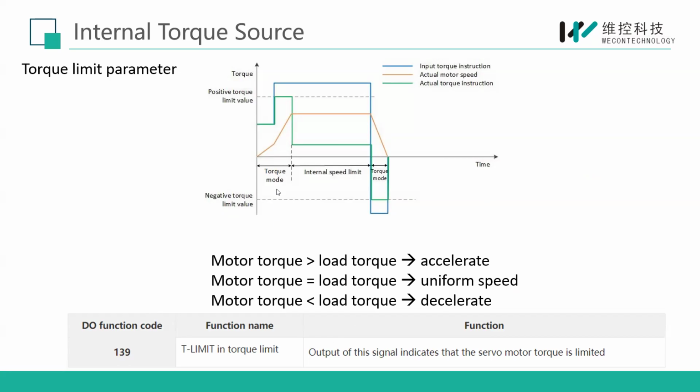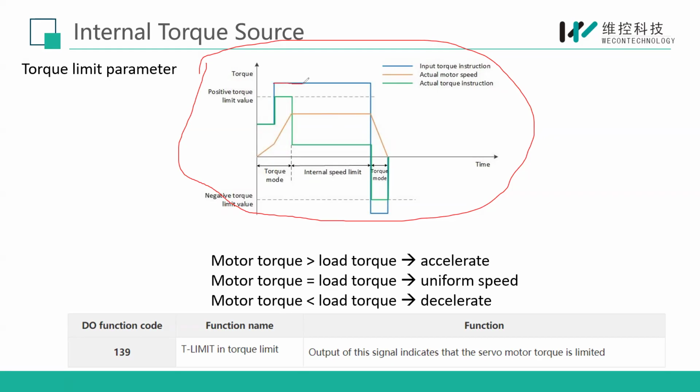Okay. And now we can check this curve. The blue one is the input torque, the yellow one is the real-time motor speed, and this green one is the real-time torque of our motor.